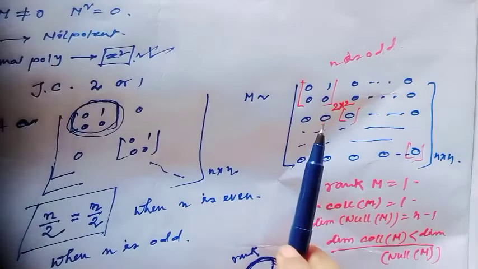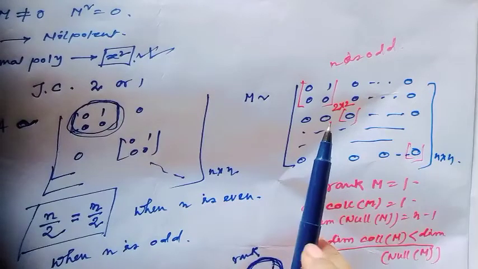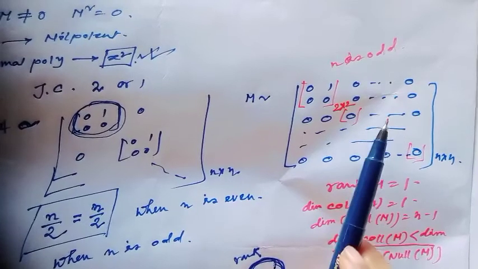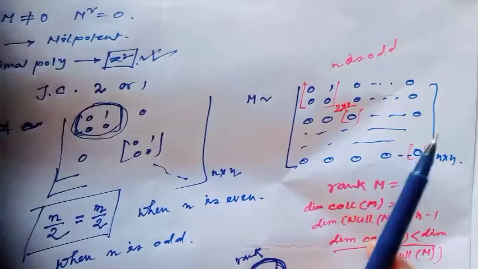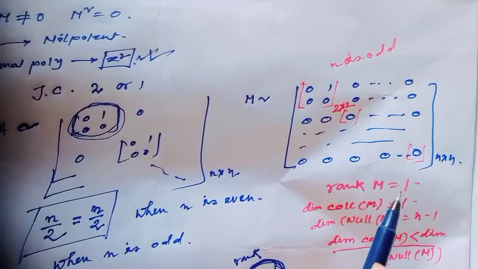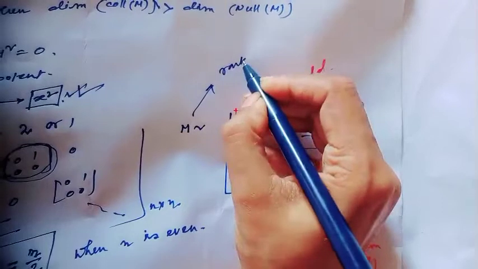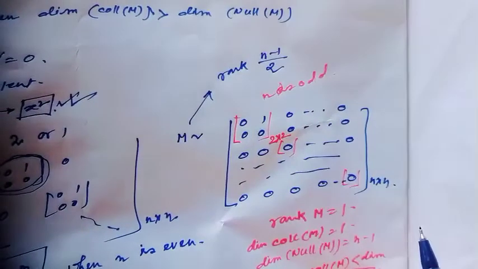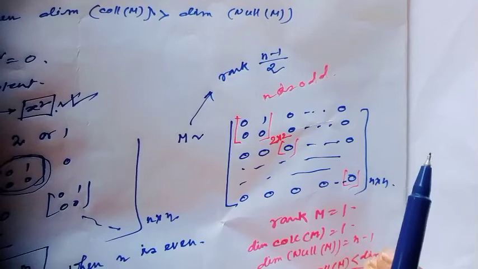M is similar to various types of matrices when n is an odd number, but since n is odd, at least one block of size 1 always exists. That means, for all cases when n is an odd number, rank of this matrix would be n minus 1 over 2 and the other columns contain 0.